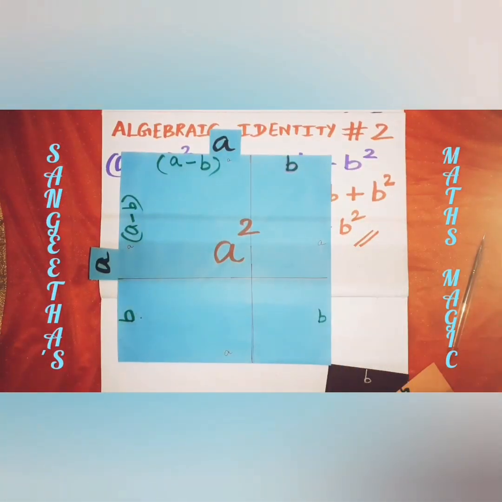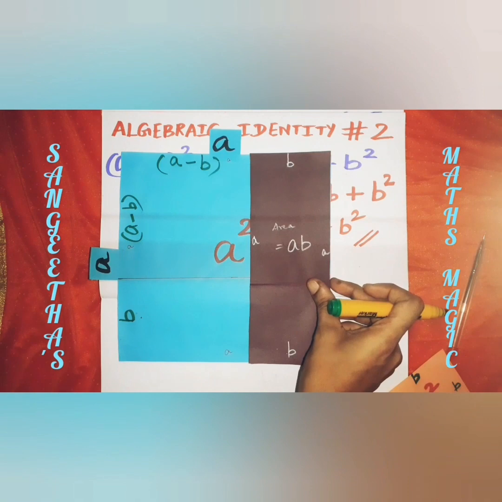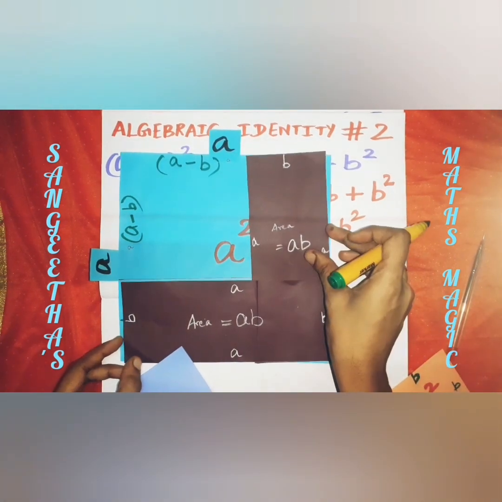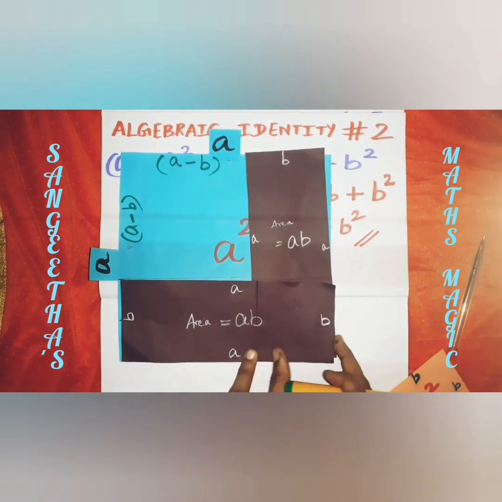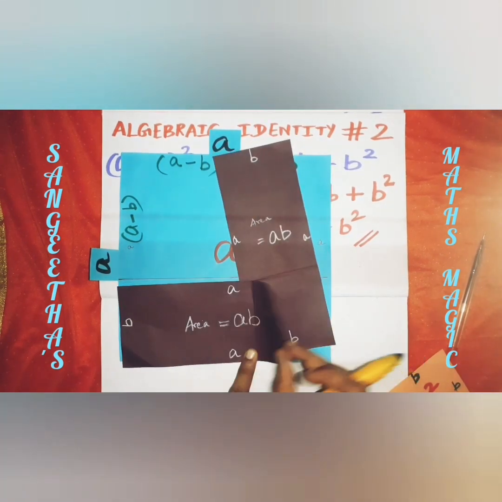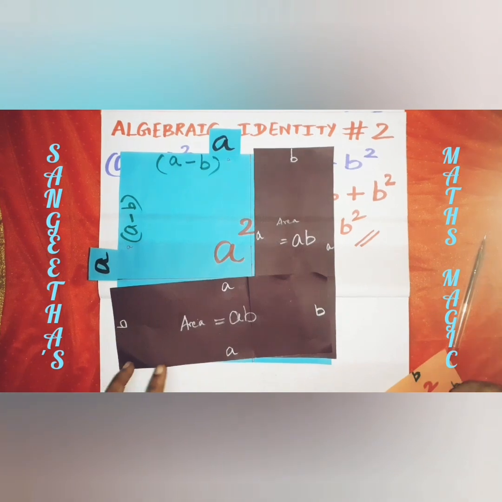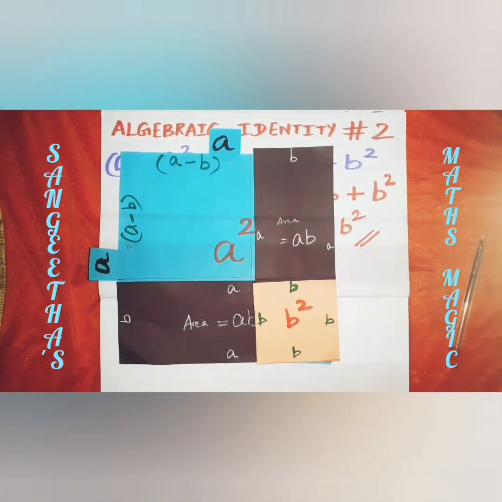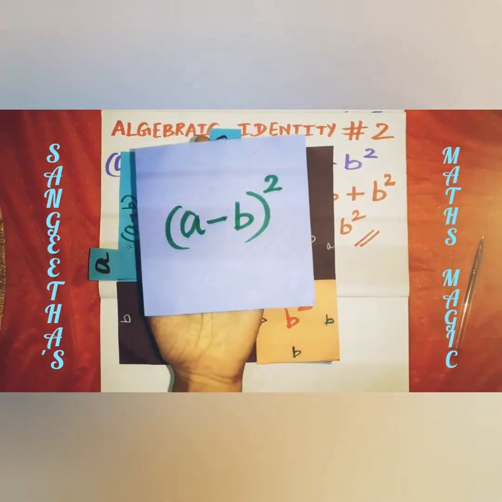So I'll repeat. I have taken a complete A square. From that, minus AB. Since the small square over there is taken away twice, one time is needed. Since it is taken away twice, one time we are adding it. So plus B square.